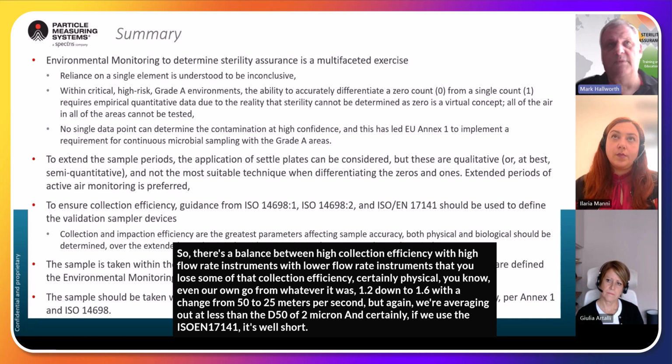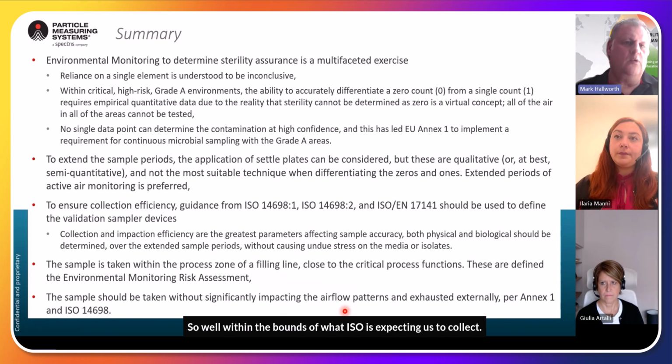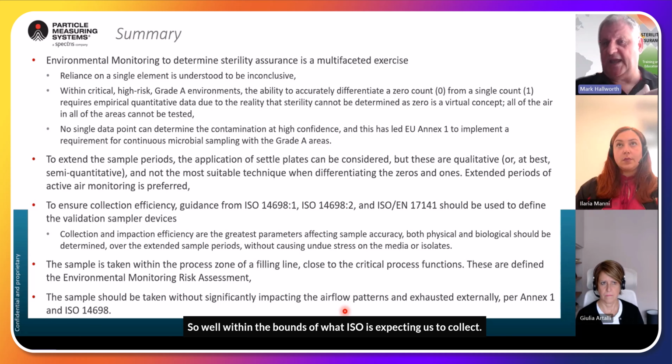Even our own goes from whatever it was, 1.2 down to 1.6 with a change from 50 to 25 meters per second. But again, we're averaging out at less than the D50 of 2 micron. And certainly if we use the ISO EN 17141, it's well shorter, it's 0.6 micron. So well within the bounds of what ISO is expecting us to collect.